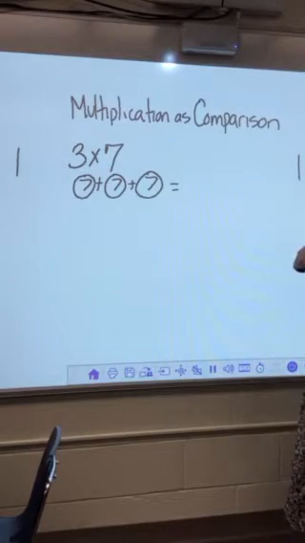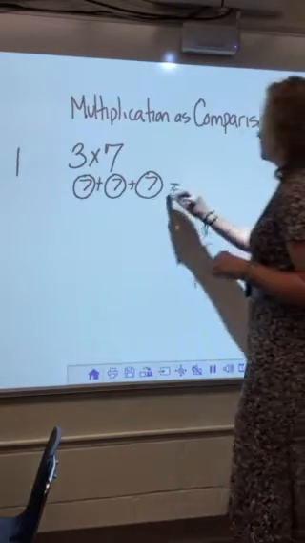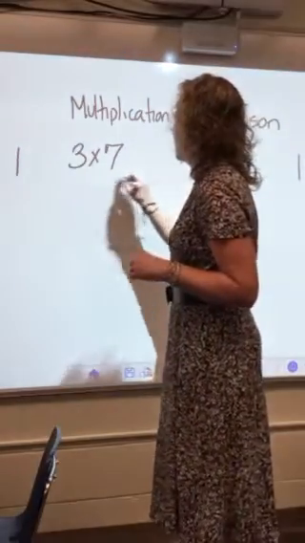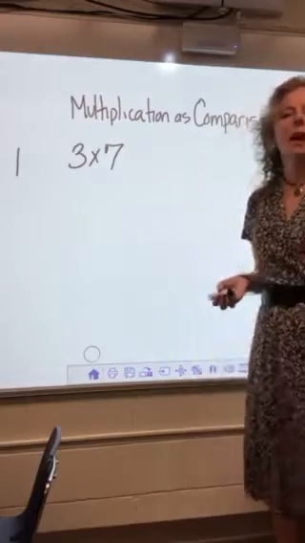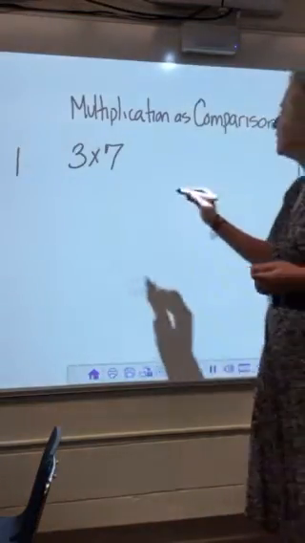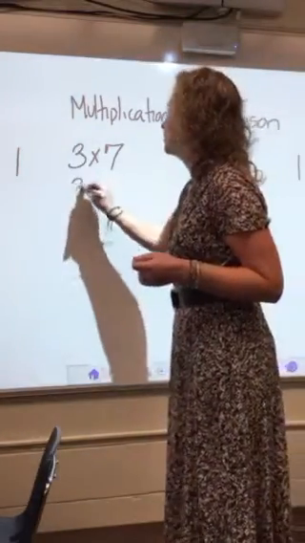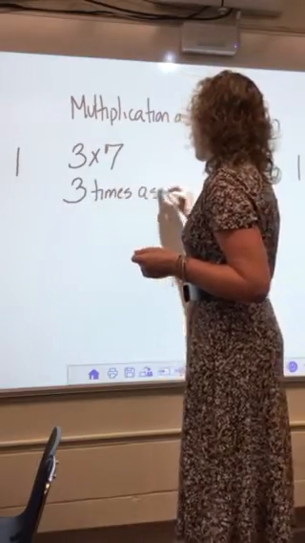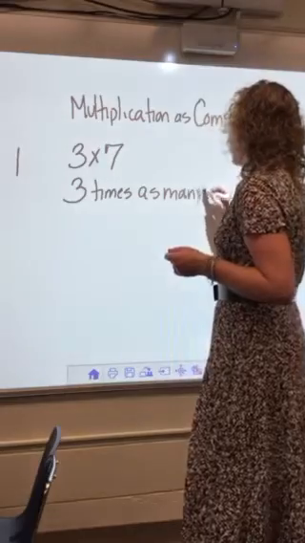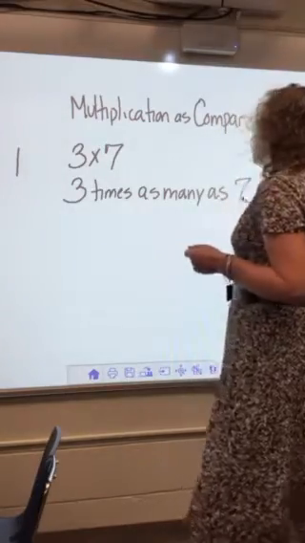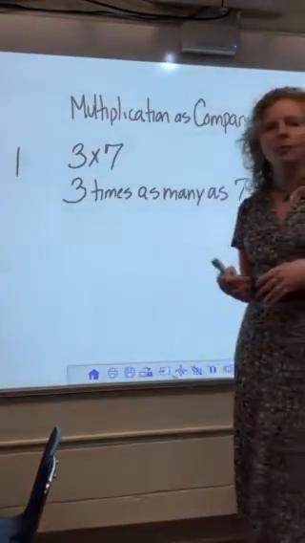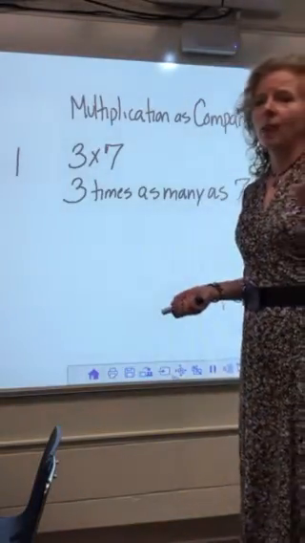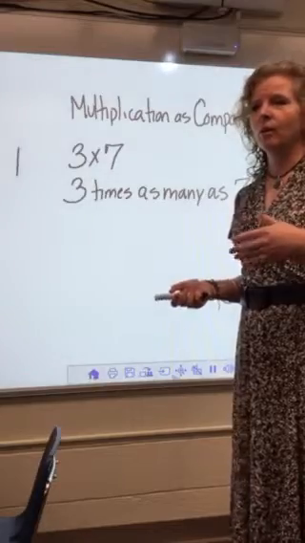When we are doing multiplication, we are often using some math words. So you can also read this as, if we were going to do words, 3 times as many as 7. When we're reading word problems, we'll say Bob had 4 times as many as Frank.